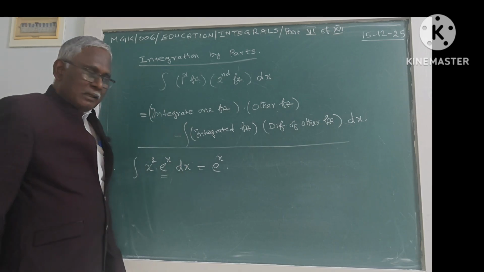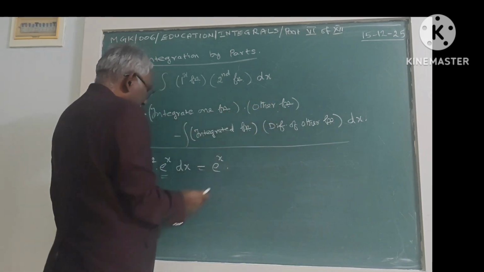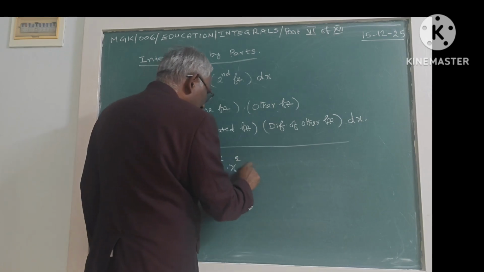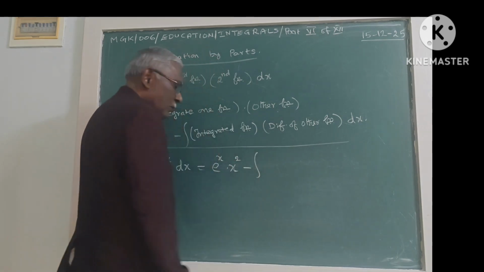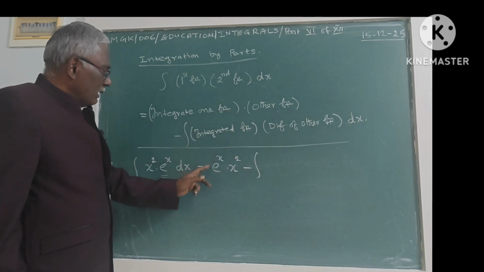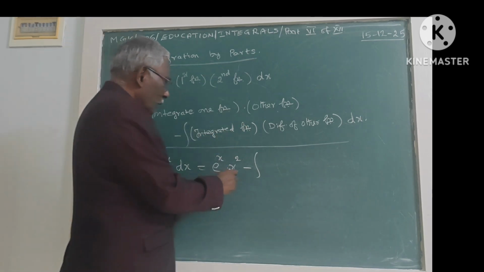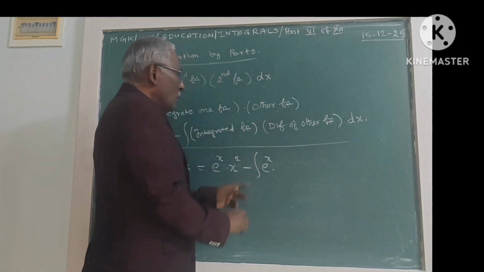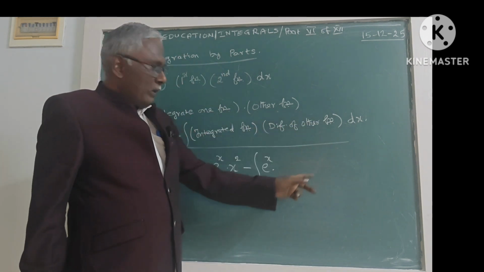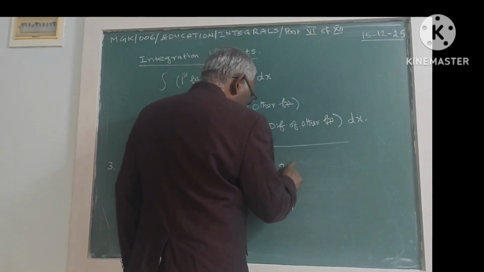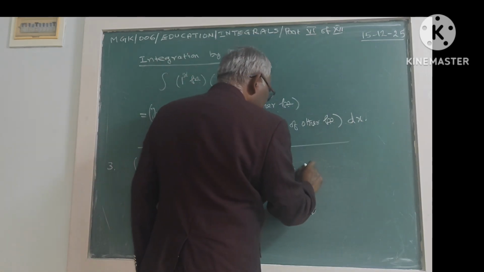E power x is there, into other function, so x square we write, other function, minus integral of integrated function. What is integrated value? E power x. So e power x into differentiation of the other function, differentiation of x square, that is 2x dx.